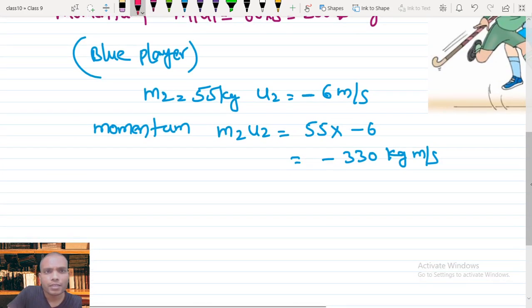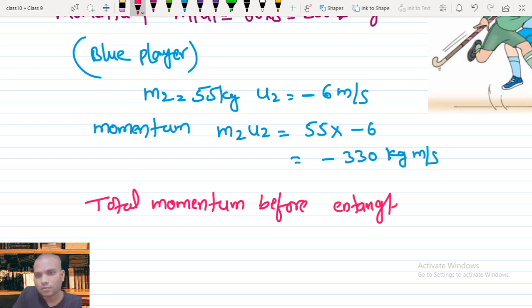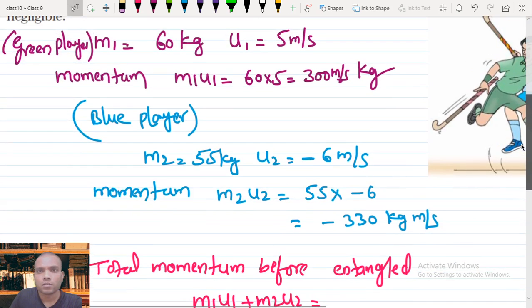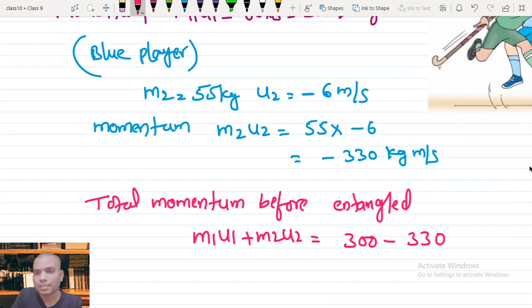Now we need to write the total momentum before entangling, which is m1 u1 plus m2 u2. Now m1 u1 equals 300 minus m2 u2 equals 330.